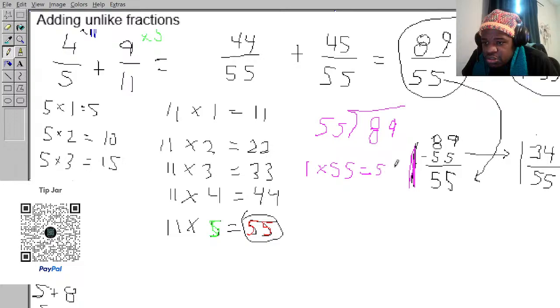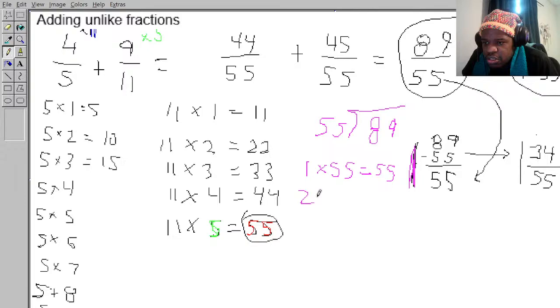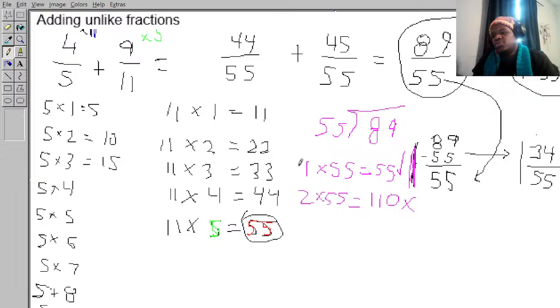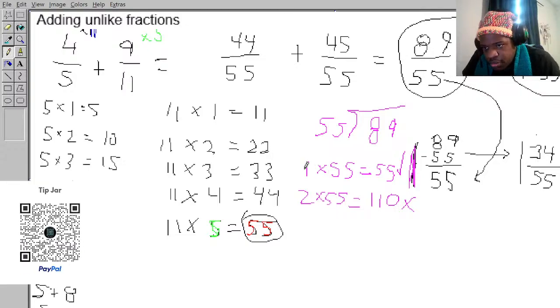And I'm just showing it so that it can make sense to anybody who doesn't understand it. So 2 times 55 is 110. So 110 is too big, but that's okay. So we use 1. So we bring this 1 up.